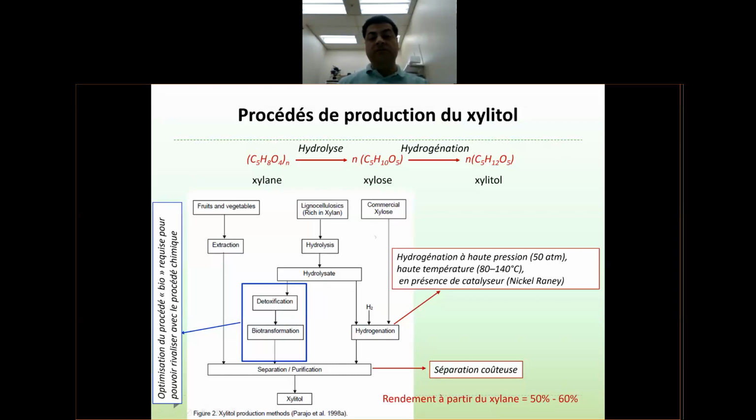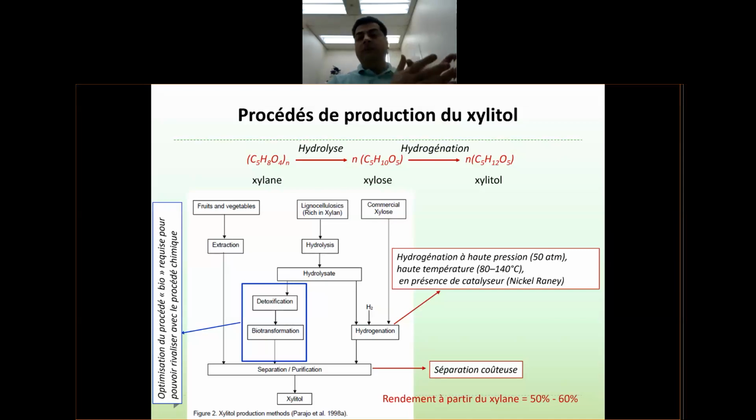They don't have to worry about detoxification and biotransformation. This is the extra step that you have for the biomass pathway. So the regular pathway doesn't have those steps. Okay, so this is one thing that sometimes you need to consider when you want to develop a process from biomass.